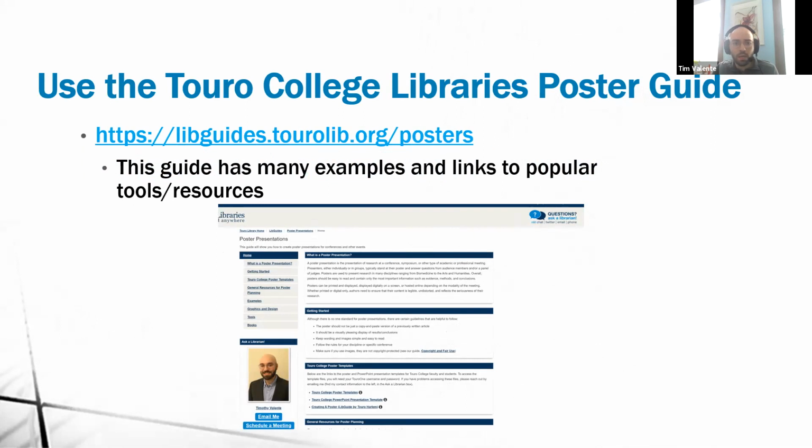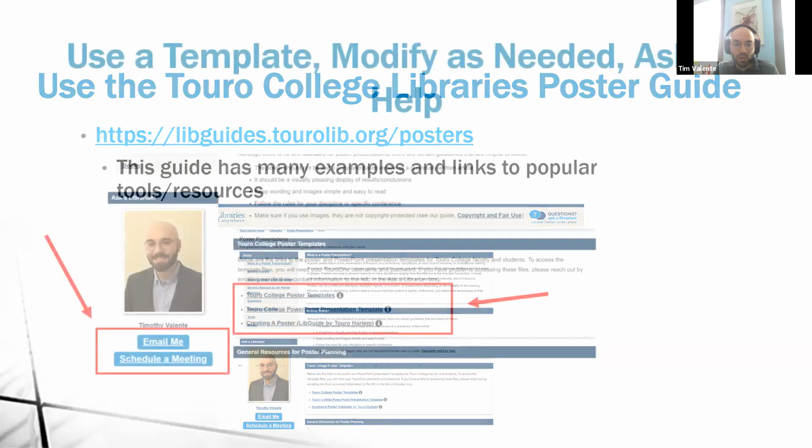This guide breaks down resources, tips, tools, and external websites that have examples of posters, undergraduate, professional conferences, etc. I highly encourage students to use this guide, and I'll show you how to get there.